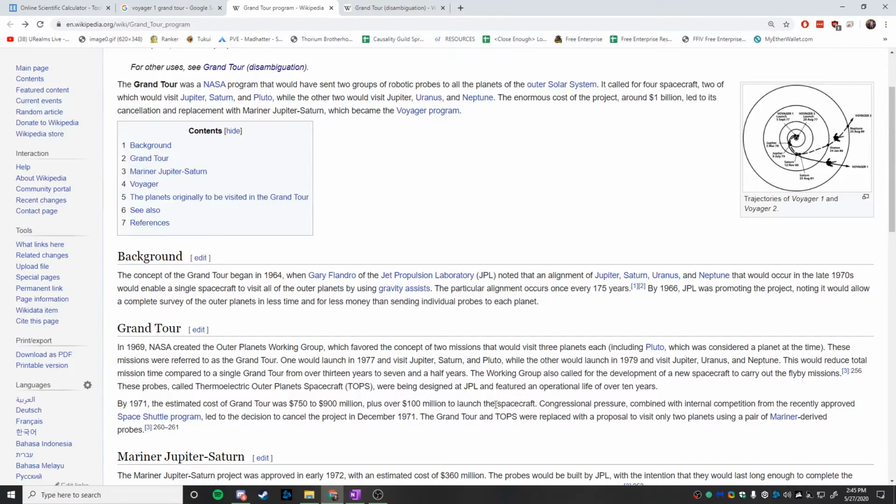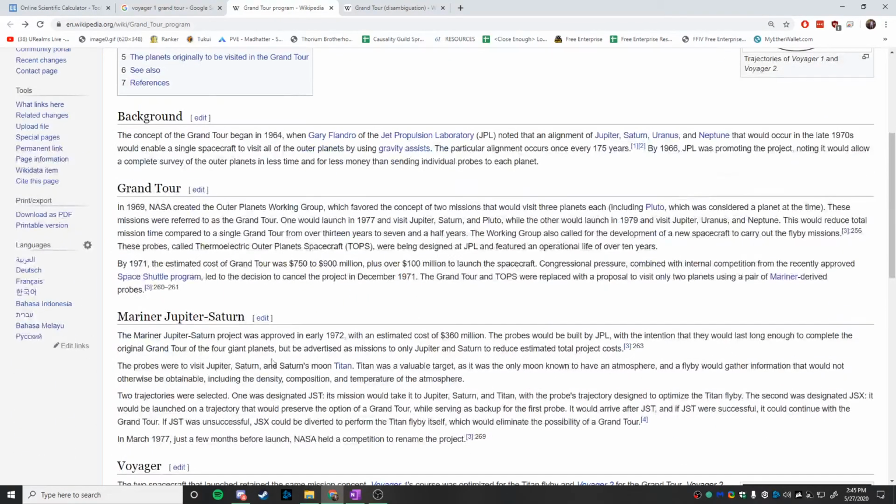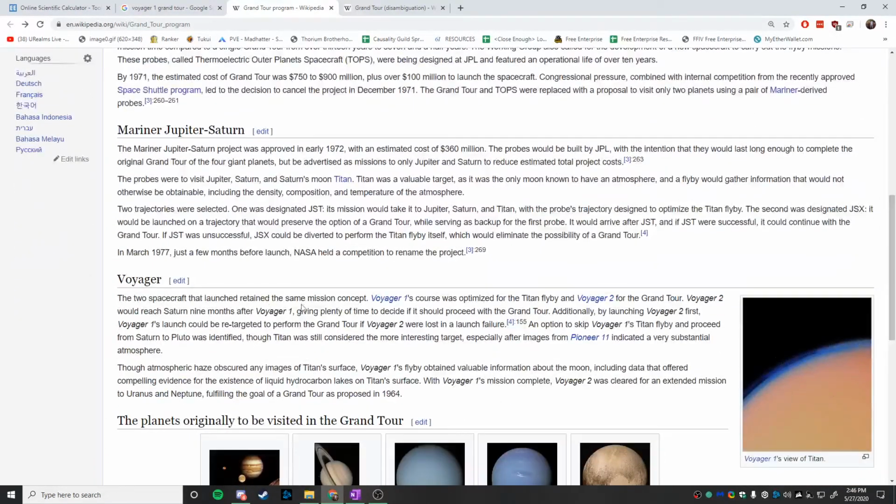The estimated cost of this was this. Congressional pressure combined with internal conflict recently led to the... Okay, so it never happened, actually. I could have sworn this was done at some point in time. Titan flyby. Voyager 2 for the Grand Tour would reach Saturn 9 months after Voyager 1, giving plenty of time to decide if we should proceed with the Grand Tour.